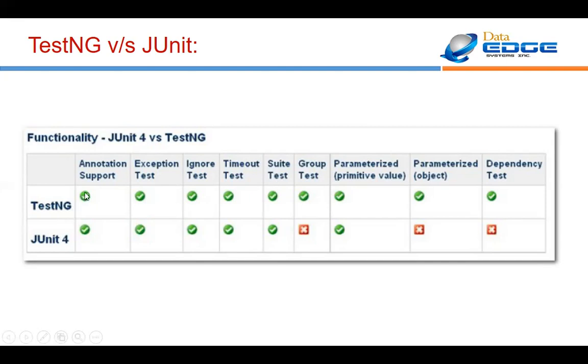In both cases, the support of annotations is done with annotations only. Then exception test, then ignore test: whether we can ignore the test in JUnit or TestNG or not. That is going to happen in both cases.